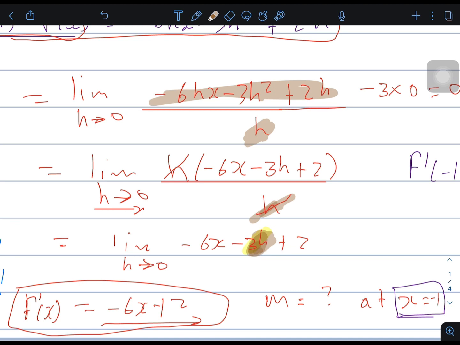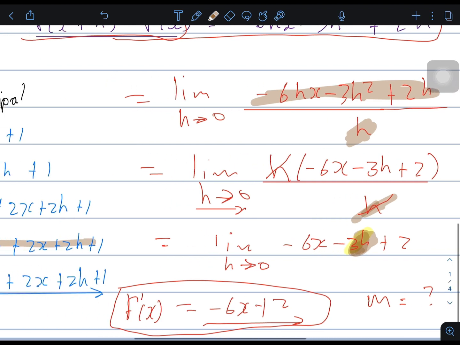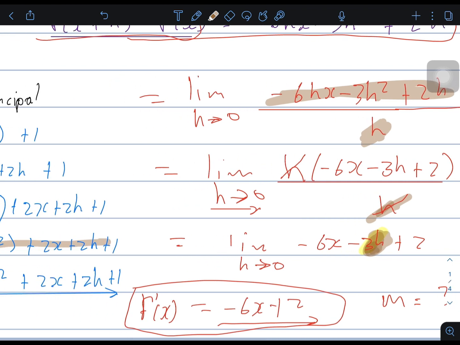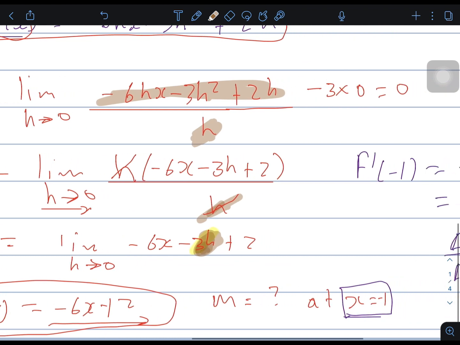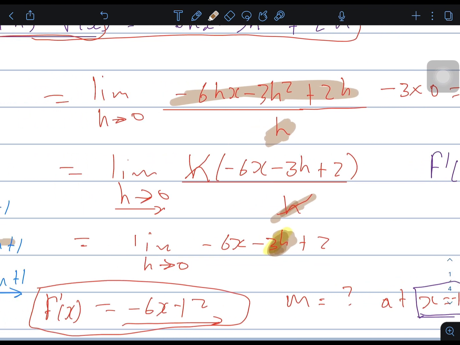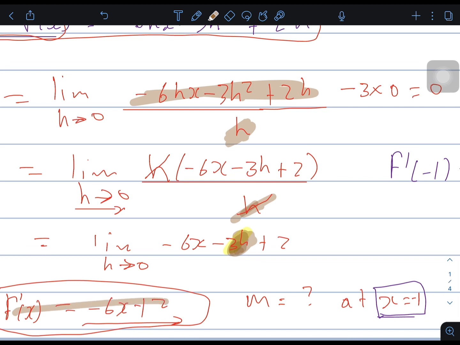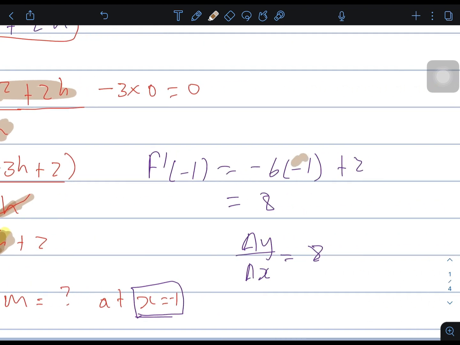So when I calculate the gradient at x equals 1, the value will not be the same as when I calculate the gradient at x equals 5. But the formula I apply, for example in this question we did earlier, is the same formula, which is the first derivative of that function. So substitute -1 and we saw that the gradient is 8.